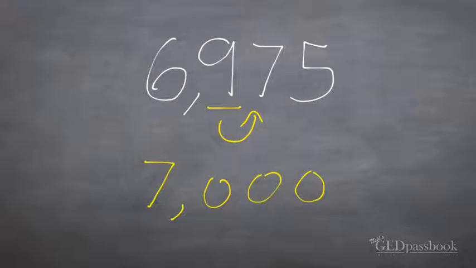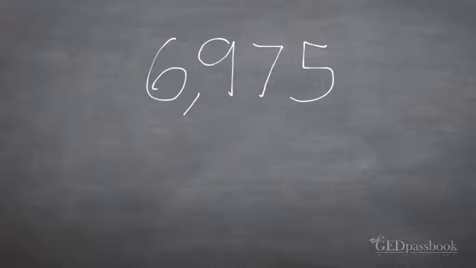What if that 7 was a 4? 6,945. And I told you to round this to the nearest hundreds. Well, you go to your hundreds, look to the right. 4. What rule does that fall under?